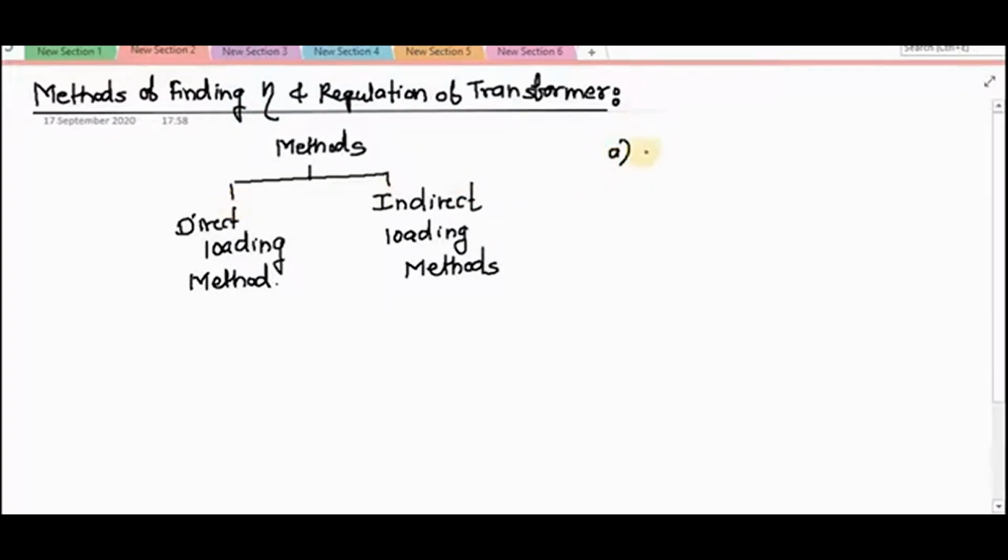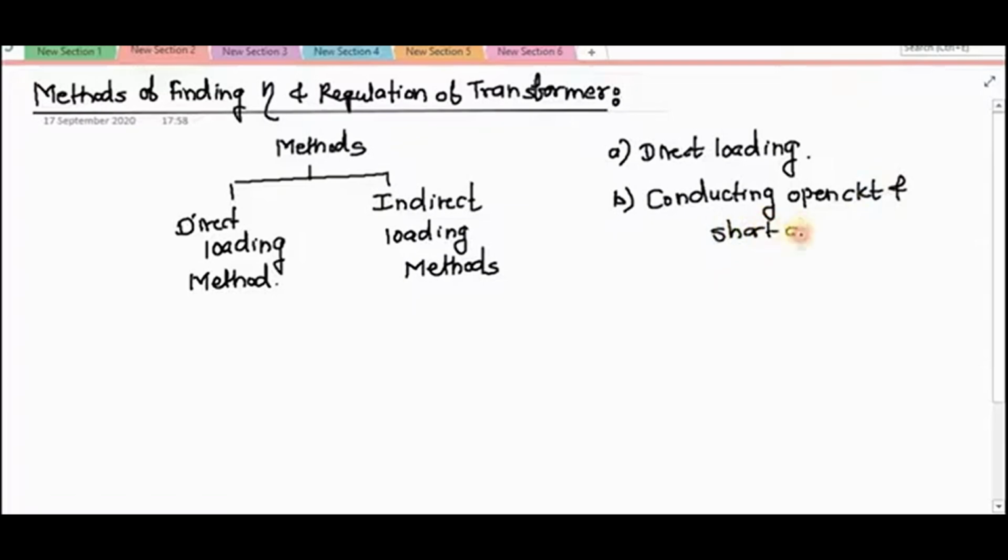So I will write down the first method as the direct loading method, and the method in which we are not connecting the load directly is called the indirect loading method, in which we are conducting open circuit and short circuit tests on the transformer.